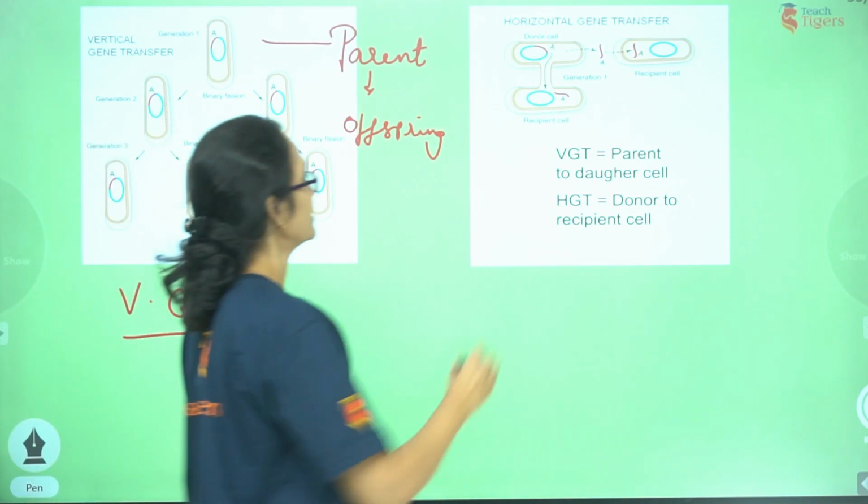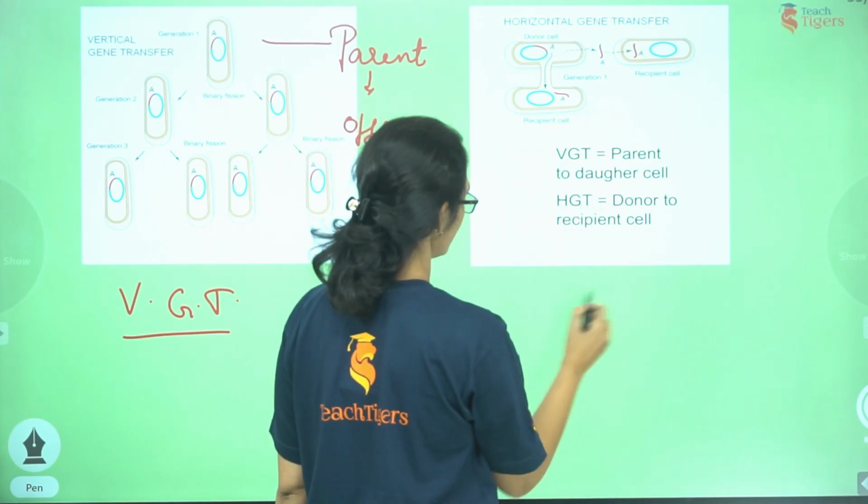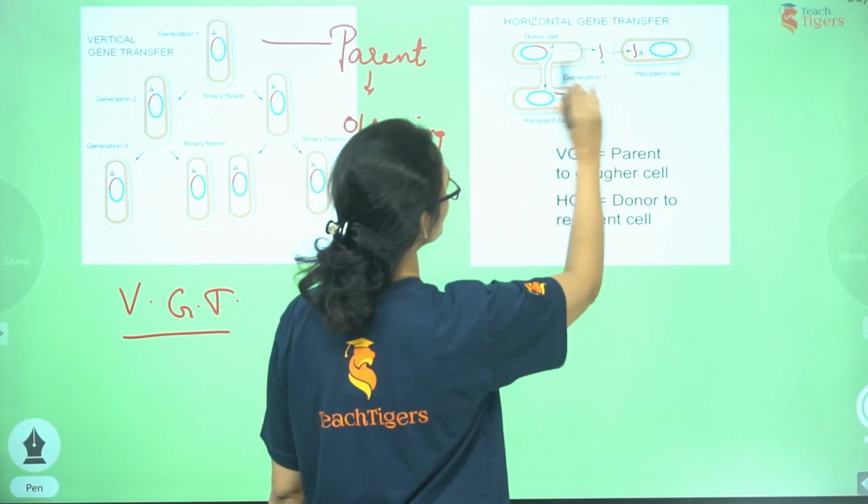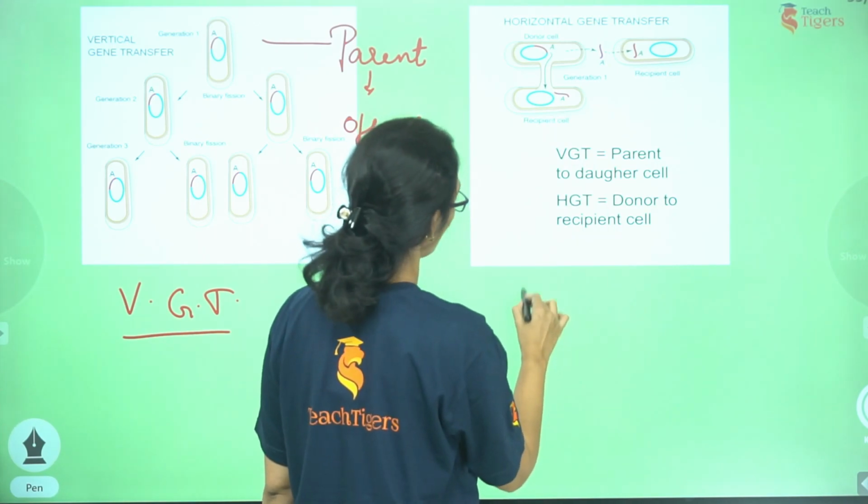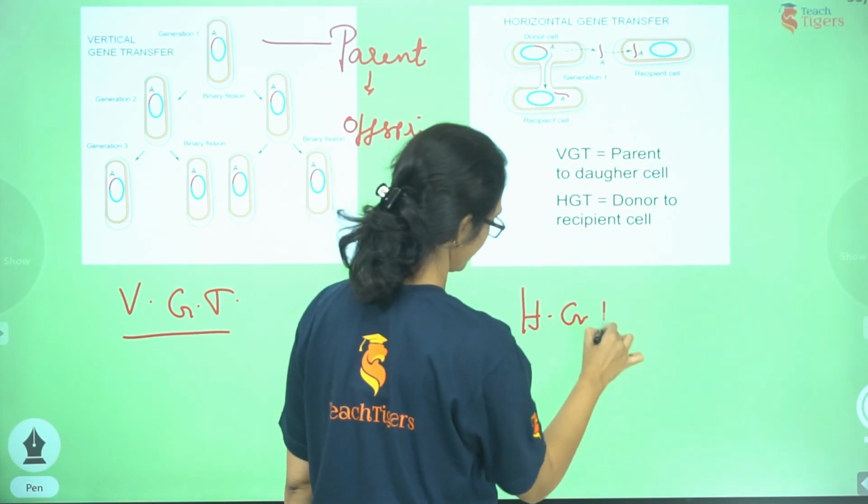Whereas in recombinant DNA technology, the gene transfer that happens between two different organisms is called horizontal gene transfer.